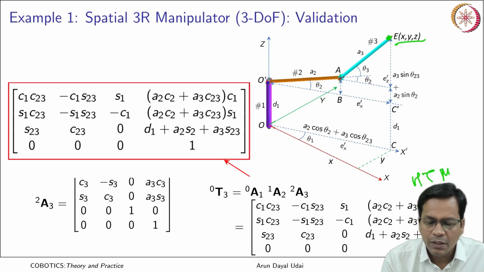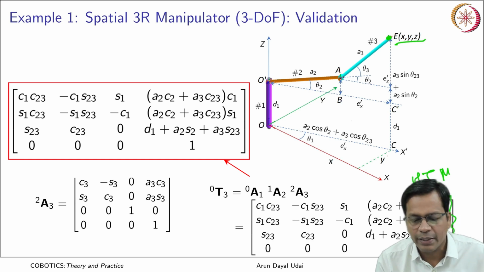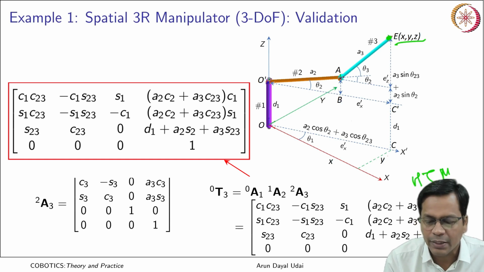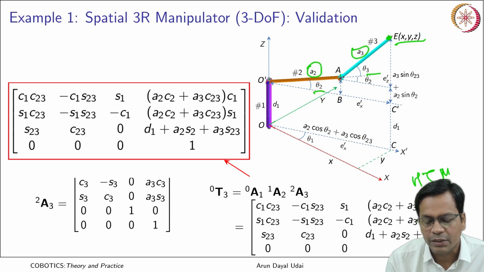So, you see just by taking trigonometrical projections here and adding the components, you can directly get the values. Okay. So, let me just check, see, this is your link length a2, a3, theta 2, theta 3. There will be 2 components here.